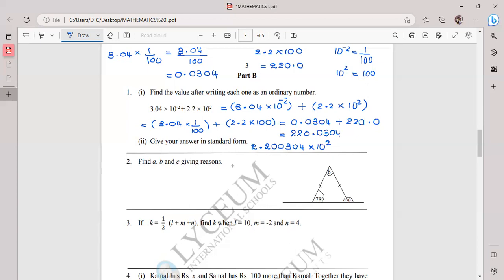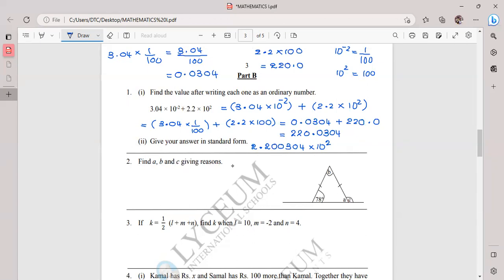First you want to convert 10 to the power negative 2 to a positive index. So that becomes 1 over 10 to the power 2, which means 1 over 100. When you are multiplying a number by 1 over 100, that means you are dividing that number by 100. 3.04 divided by 100 becomes 0.0304.